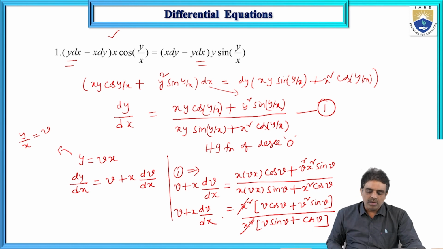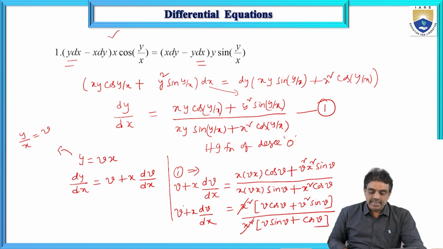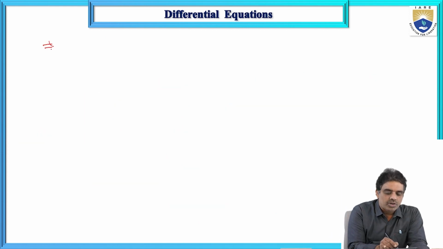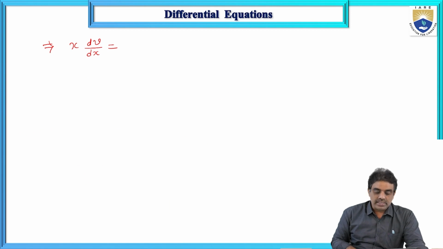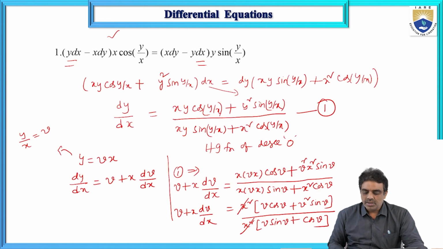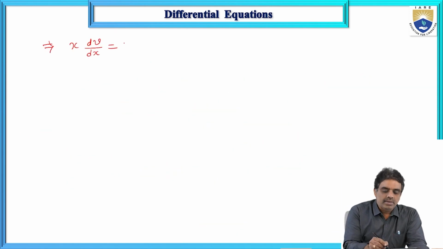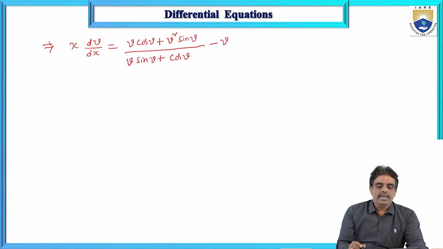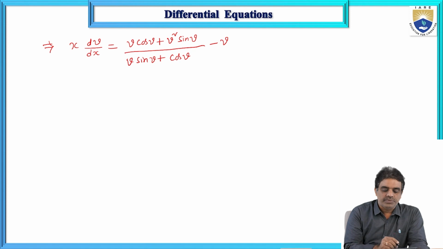So now on writing v on the right hand side you will get x dv by dx is equal to, what is the right side function? v cos v plus v square sin v, and moving v to the right hand side you'll get minus v.